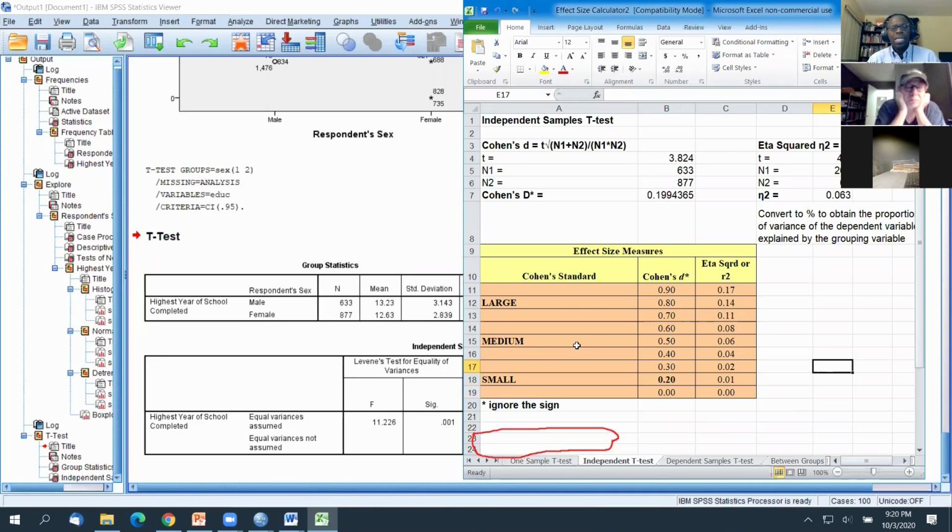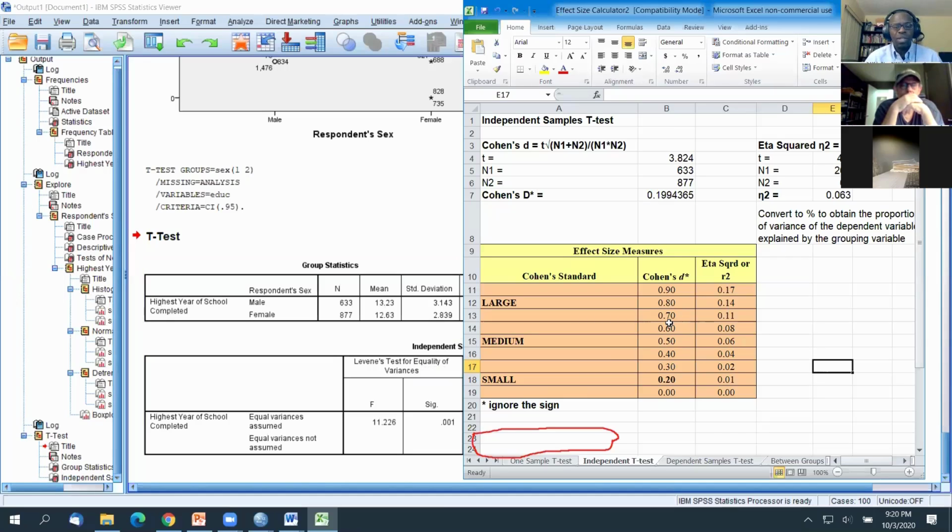Now, let's say, for example, the effect size, let's say instead of 12.63 and 13.23, let's say this one was 20. Then we would expect our effect size to be larger because the magnitude of the differences would be larger.